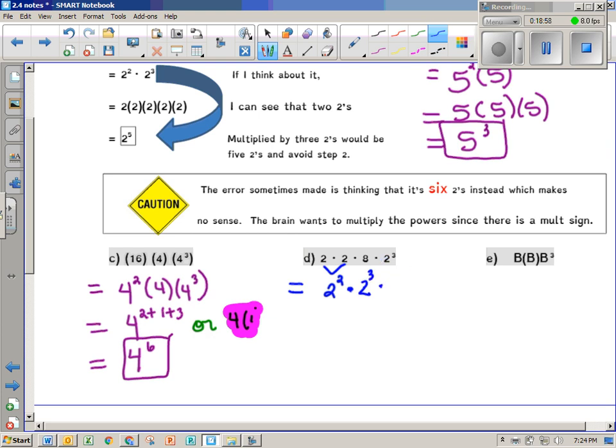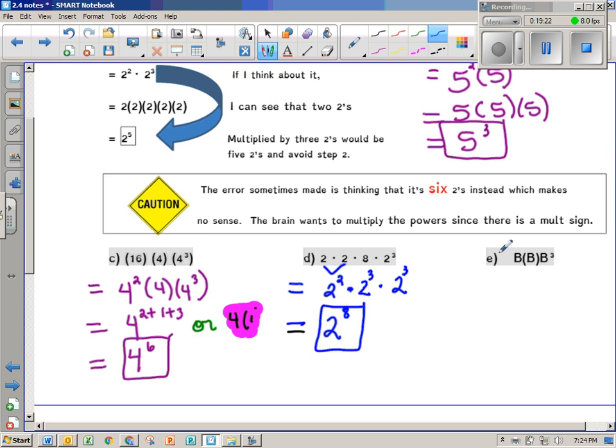And I'll just bring down the 2 to the third that's already here. So if we have 2 2's and then 3 2's, that's 5 2's, plus 3 more 2's would be 8 2's. So it'd be 2 to the 8th power. And no, I don't know why half my equal sign is now black. It's magic.